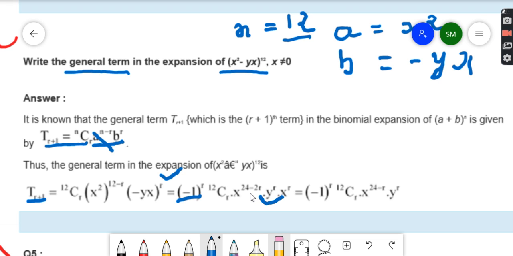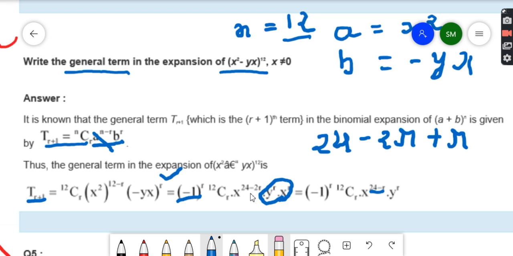I separated x and y powers, then just add this r to the first one. So you will get minus 1 raised to r, 12cr, x raised to 24 minus r, because 24 minus 2r plus r gives you 24 minus r, and y raised to r. So this is your general term.